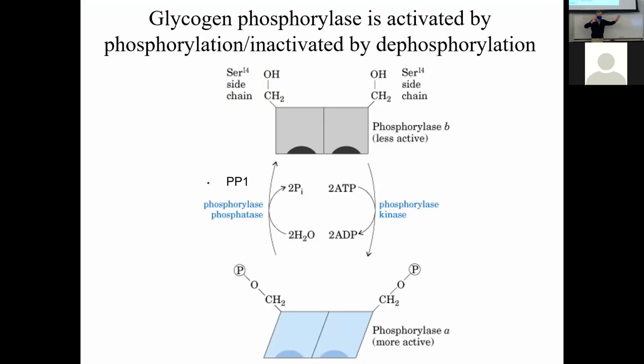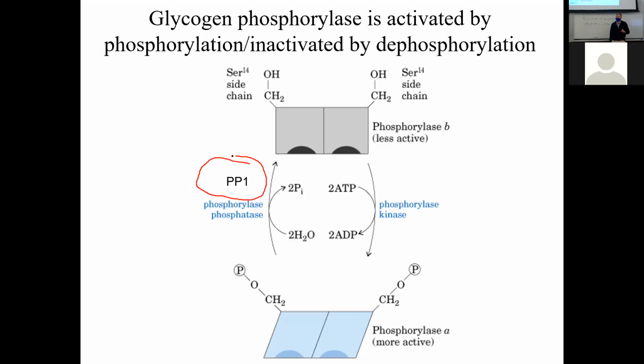Okay, so remember we have these two major players, glucagon and insulin. So if we have abundant glucose or carbohydrate, insulin levels go up. At that point, you don't want to be breaking down glycogen. If anything, you want to synthesize glycogen. And so to accomplish that, the insulin leads to the activation of this phosphoprotein phosphatase 1.